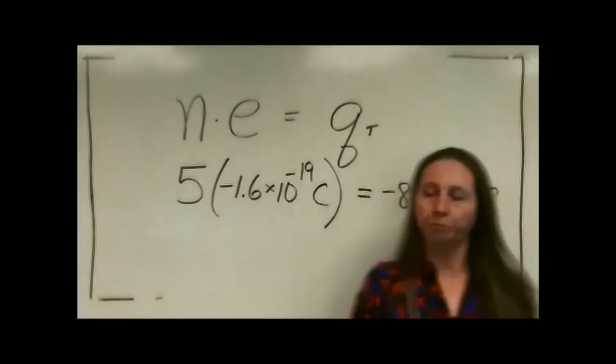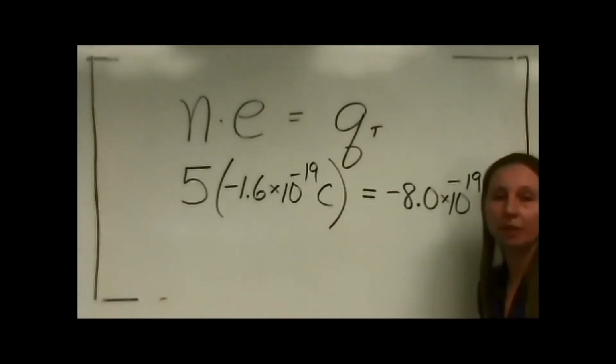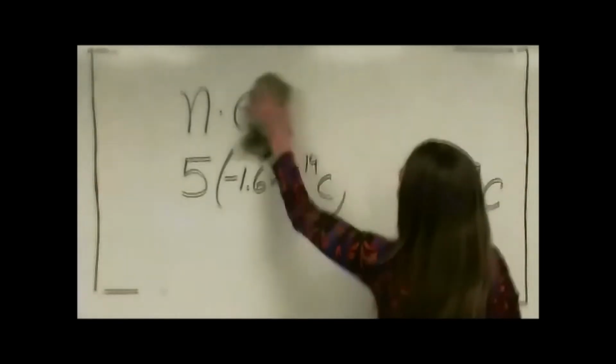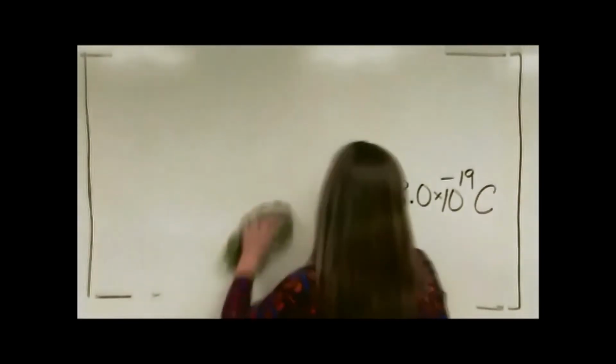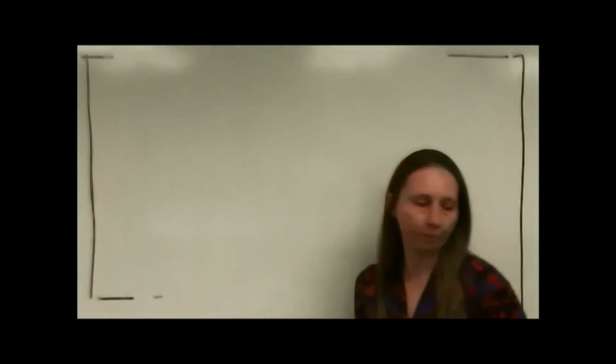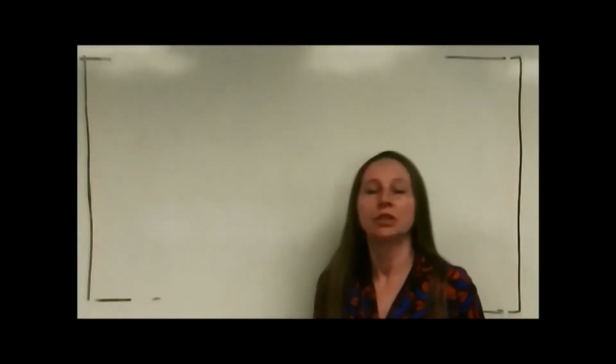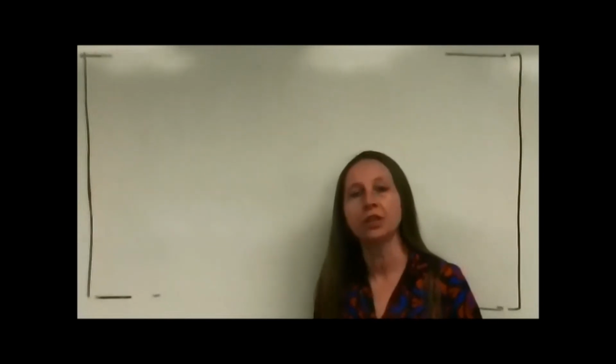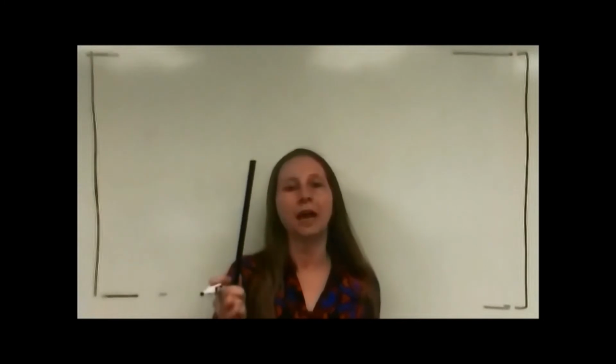Now, what if somebody said to you that the total excess charge was a certain amount? What if instead somebody said to you that the total excess charge on an object, for example, on this rubber rod after I rub it? The rod is now negative.